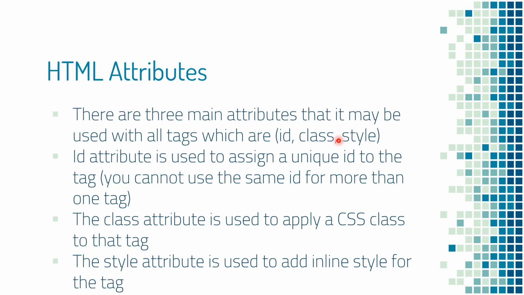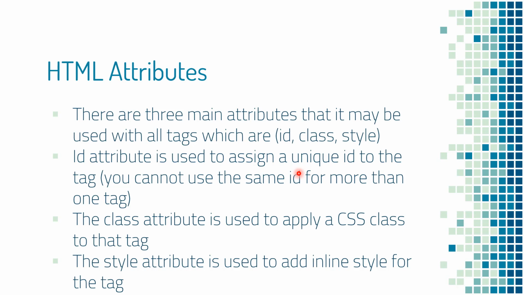have these three attributes. So for the first attribute, the ID attribute, it's usually used to assign a unique ID to the tag. According to the standards, each tag should have a unique ID. You cannot have two tags with the same ID.